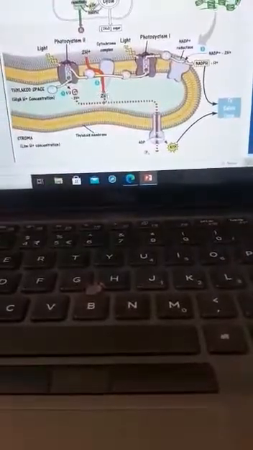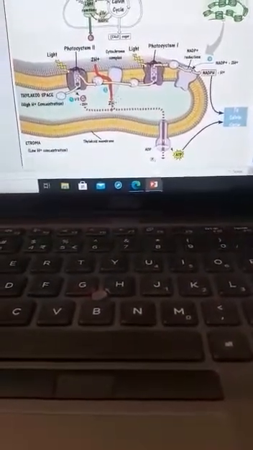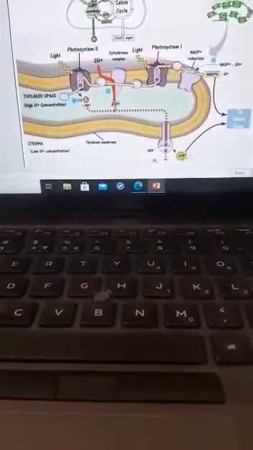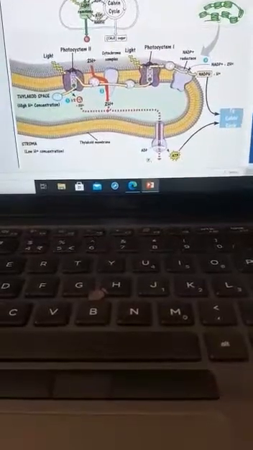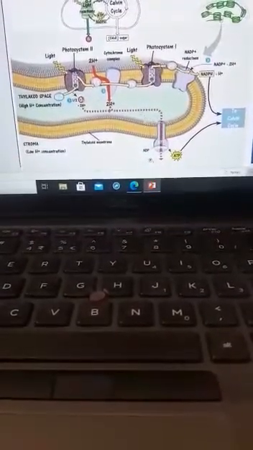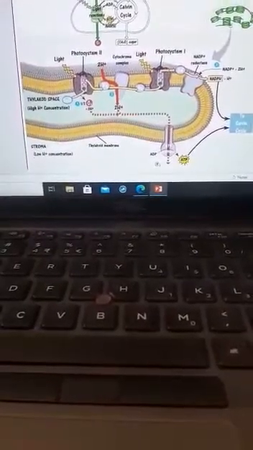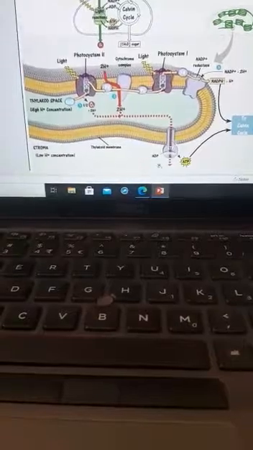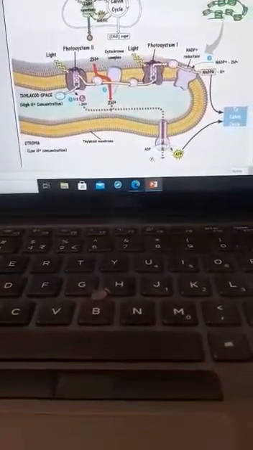Now, luckily, if you are to move these hydrogen protons that are so many in the thylakoid space back into the stroma matrix, we need to find a way, and likely on this membrane there is an enzyme. You can see the enzyme here, which is called the ATPase enzyme.